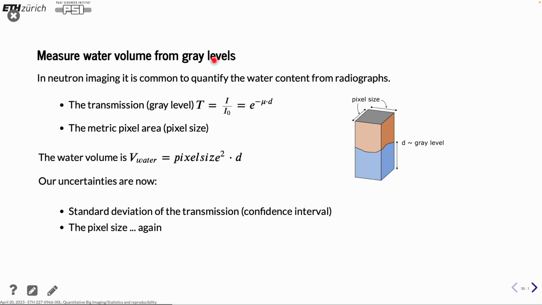The area is the pixel size squared. And then we have some D that comes from the gray level. So our uncertainties are the standard deviation from the transmission, that's some confidence interval. And then, of course, we have the pixel size again.